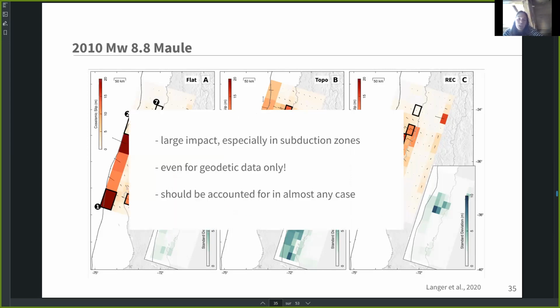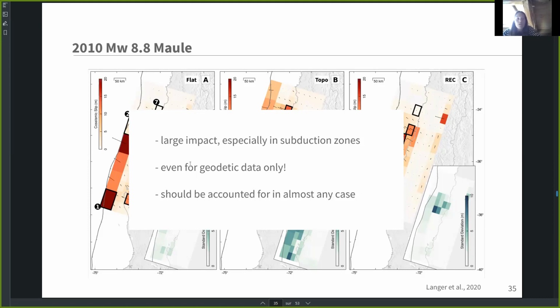Finally, what we can say is that topography has a very large impact, especially in subduction zones. And this impact is true even for geodetic data only. That's very interesting. I forgot to say that topography is very often studied when you use seismic data, but when you use geodetic data only, it's almost always neglected.